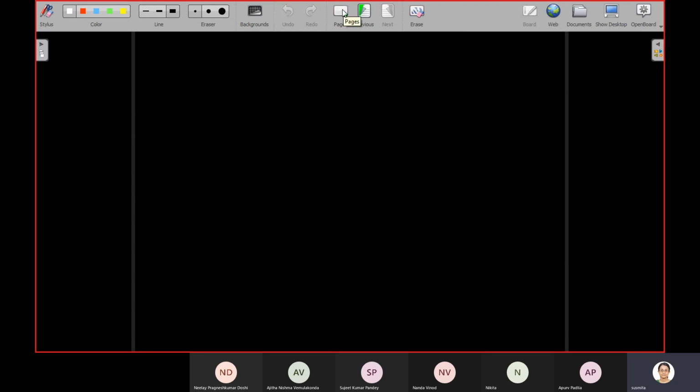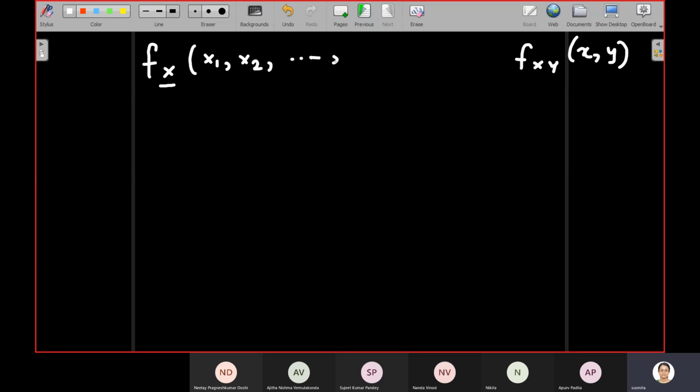Now, what is the joint PDF? Earlier we considered the joint PDF of two variables, f_{X,Y}(x, y). Now we need to use n elements. So we have x1, x2, and then xn.